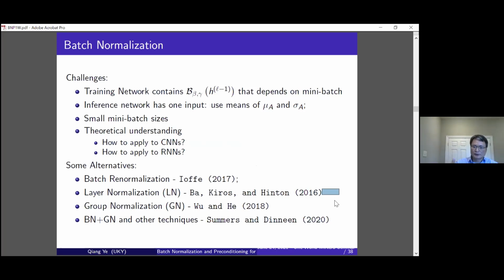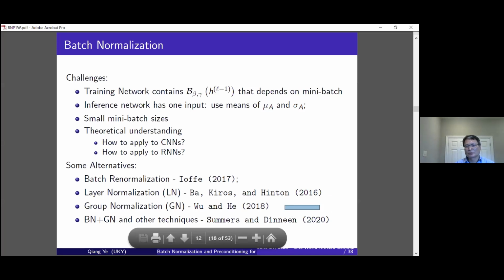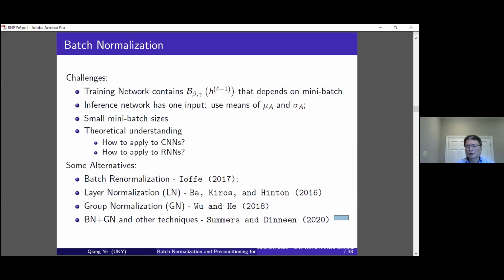So for example, for the hidden variables, instead of normalizing over several hidden variables across a mini batch input, they are normalized over the neurons, that is, the entries of the vectors. Group normalization is something similar, but for CNNs, using several channels. And there are also methods that try to combine these with BN to improve BN's performance with small mini batches.